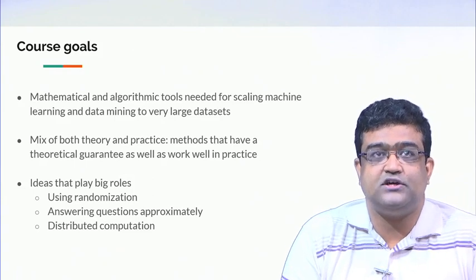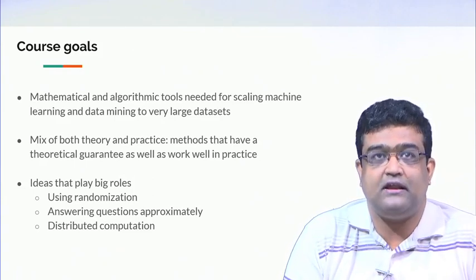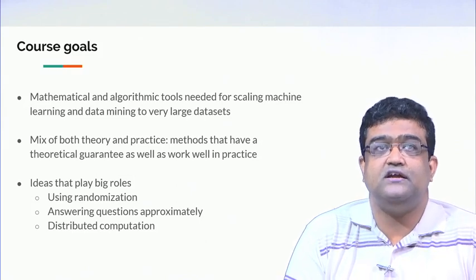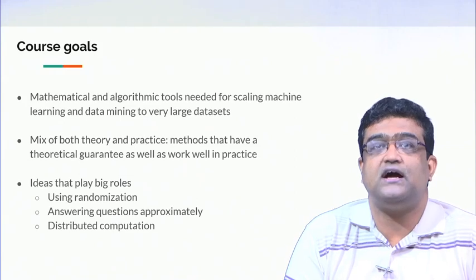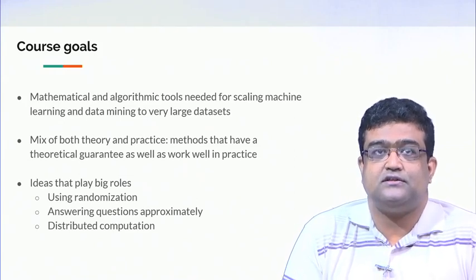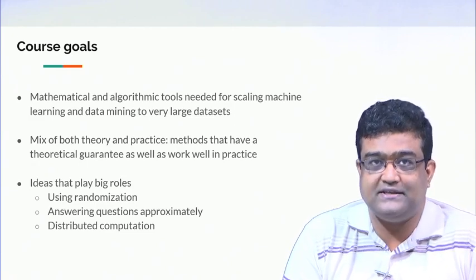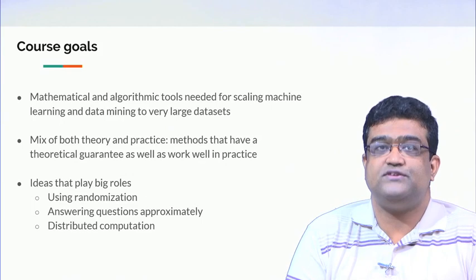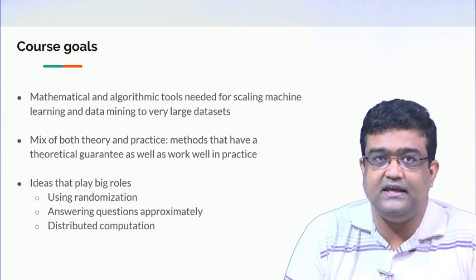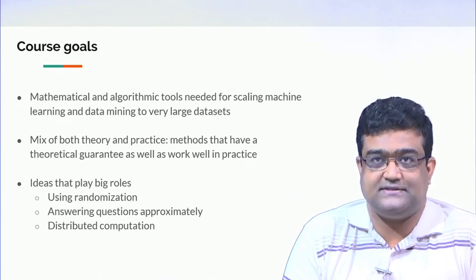In this course, we will be introducing the mathematical and the algorithmic tools needed for scaling machine learning and data mining to very large data sets. The course will be a mix of both theory and practice, that is, we will discuss methods which have both a theoretical guarantee as well as which work well in practice.